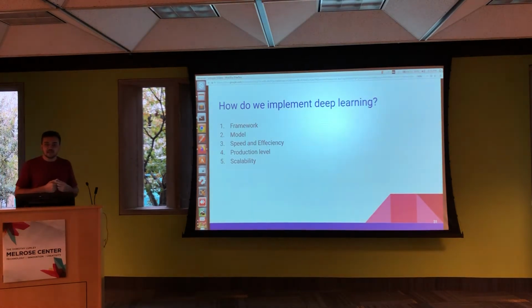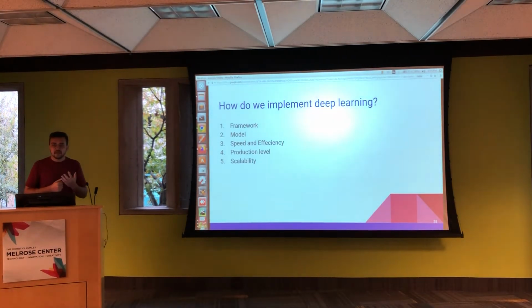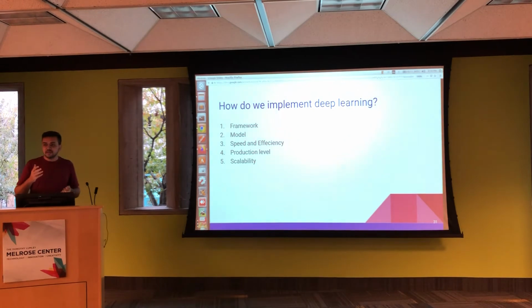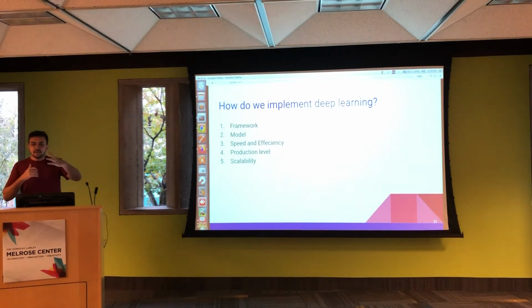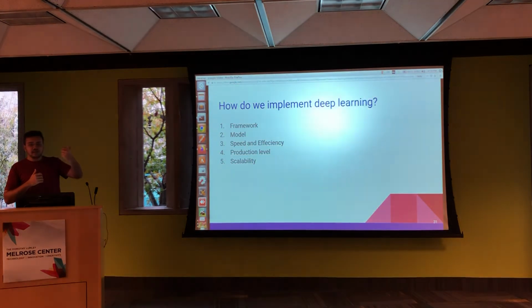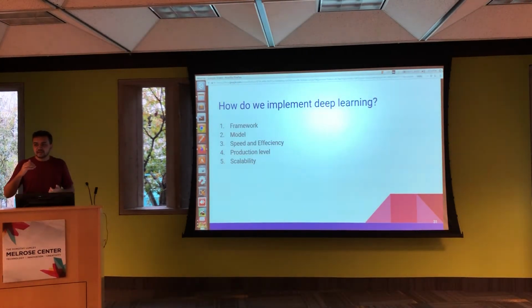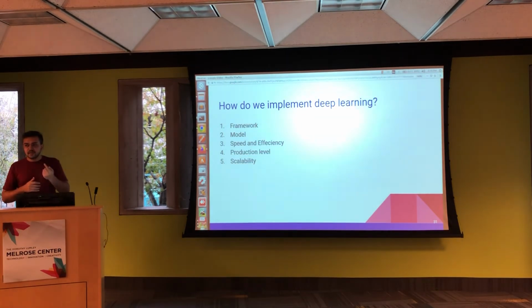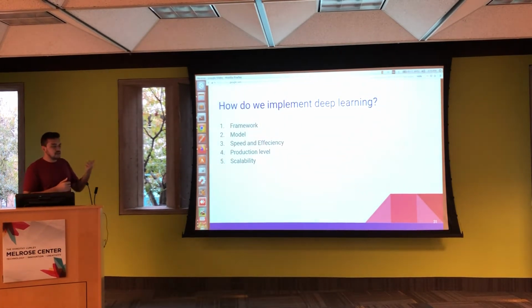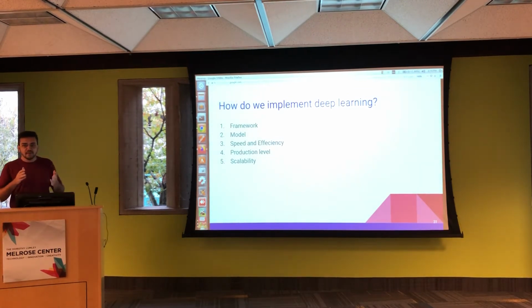Then production level. When I was working on a license plate recognition system, we started with Keras, but when we went to implement it in the cloud, we realized Keras was not that production level. You were not able to optimize it for multiple GPUs. That is one thing you have to keep in mind when going for a framework or a library.